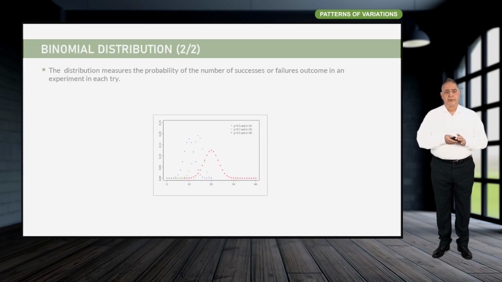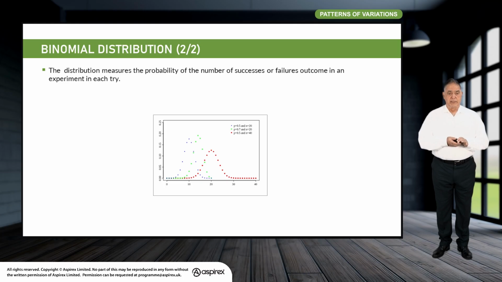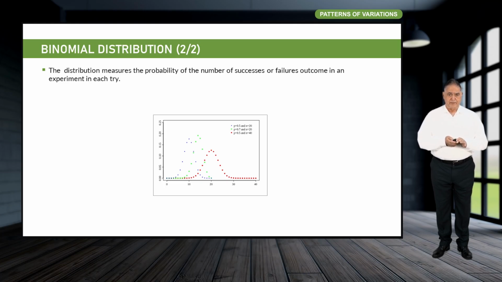So the distribution measures the probability of a number of successes or failures outcome in an experiment in each try.